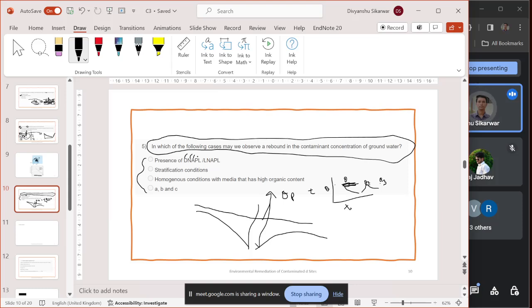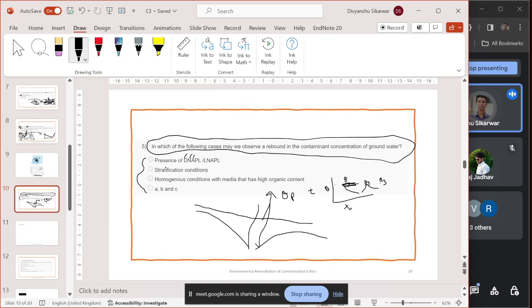The second option is the presence of stratification condition. Stratification means you have different layers of soil and each layer has different properties. The next option is homogeneous condition. You don't have stratification, you have a single soil media, but you have high organic content in the soil.